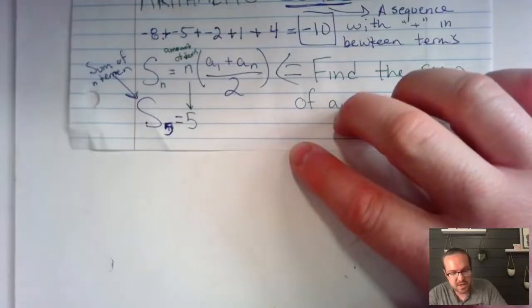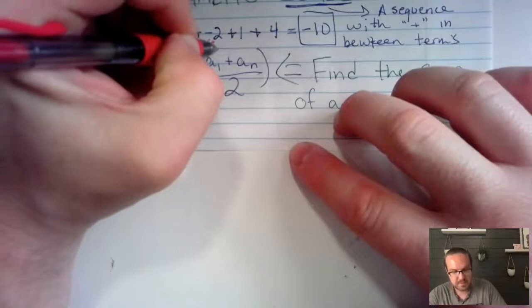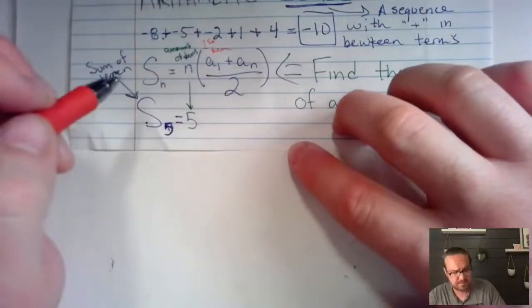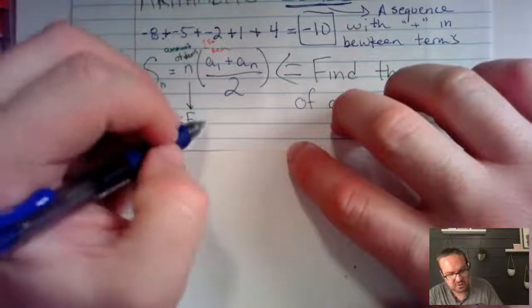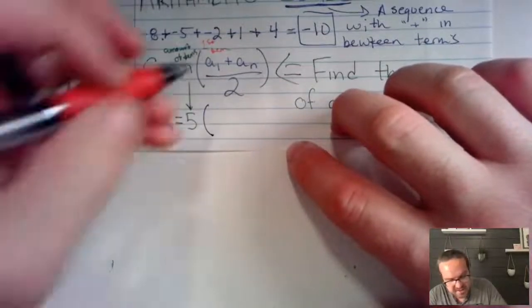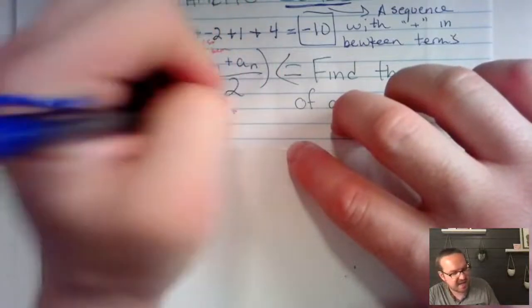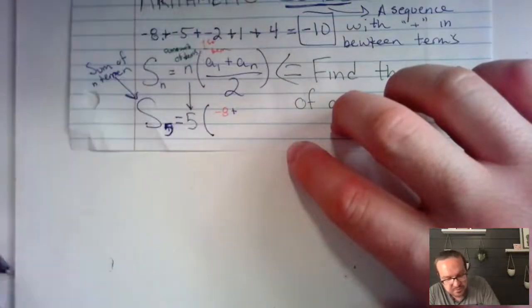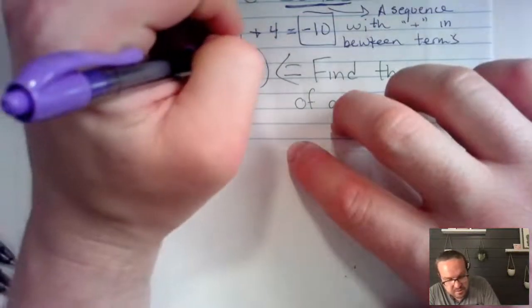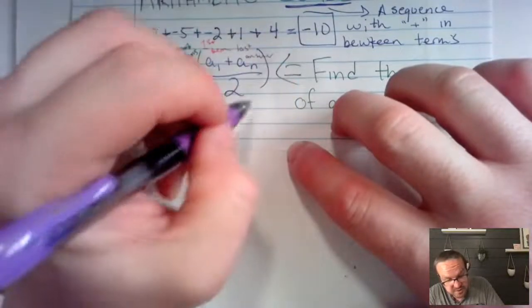This one right here is just the first term, right, in the series. So what did I say? That first term is just -8. The A sub n is the answer of the last term in this pattern. So in this case, the answer for the last term is +4.